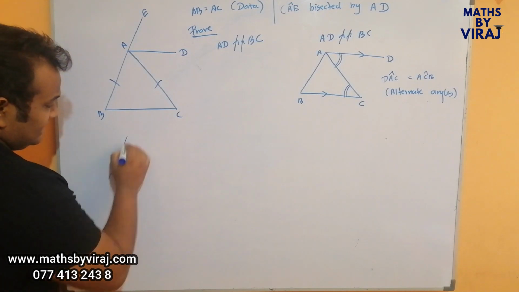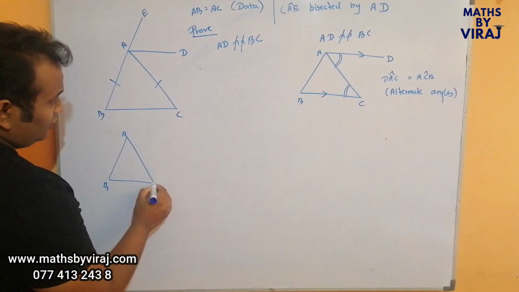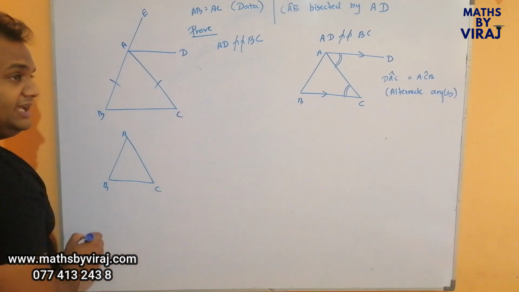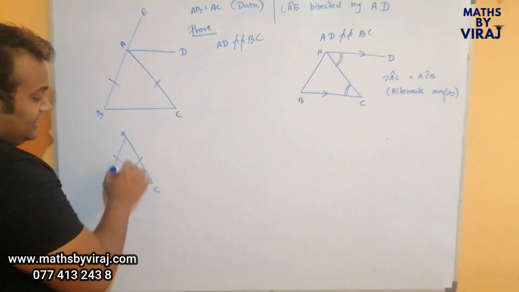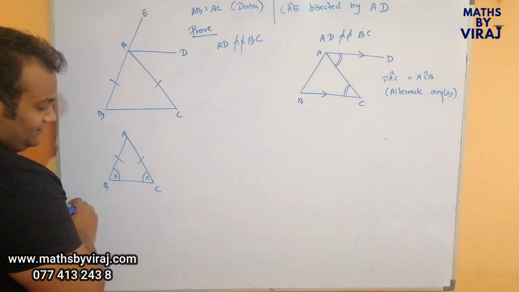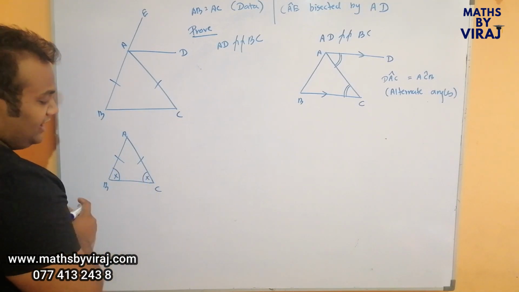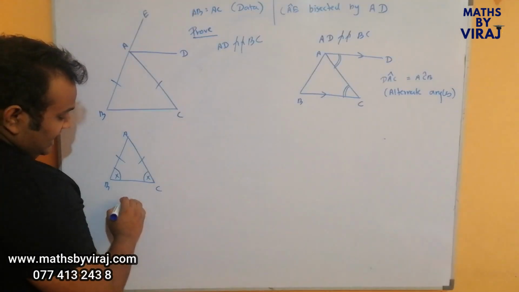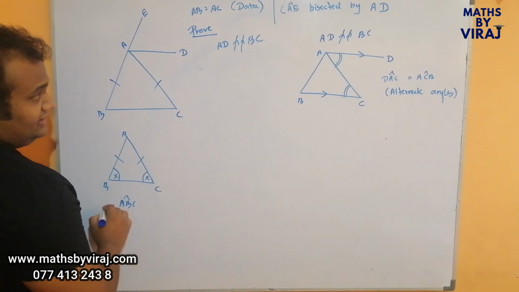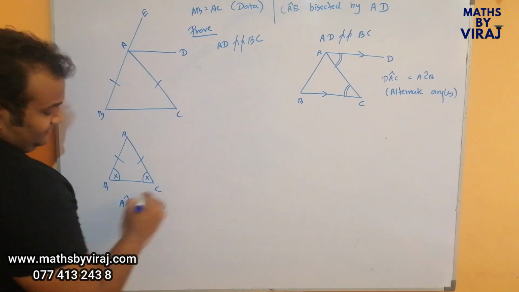If side AB is equal to side AC, it shows that these two angles are equal in value, because triangle ABC will be an isosceles triangle. Therefore, we can say that angle ABC is equal to angle ACB.